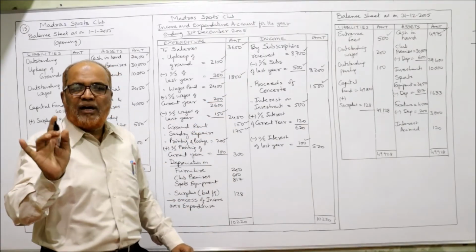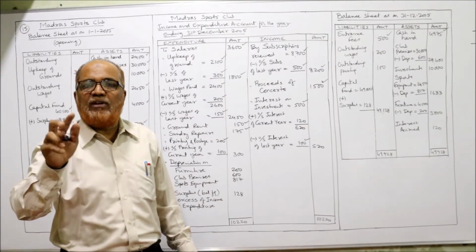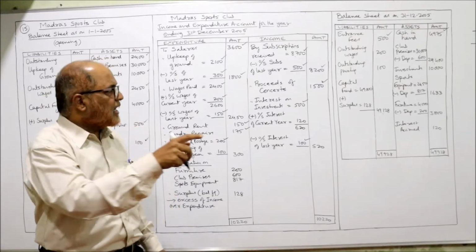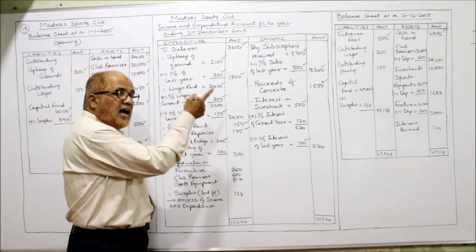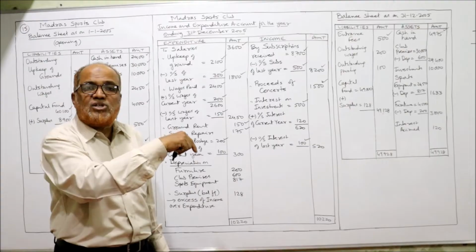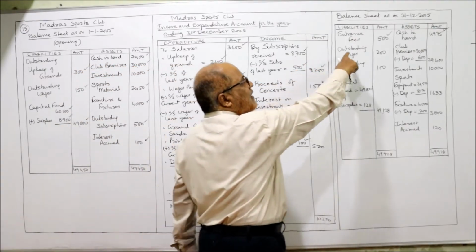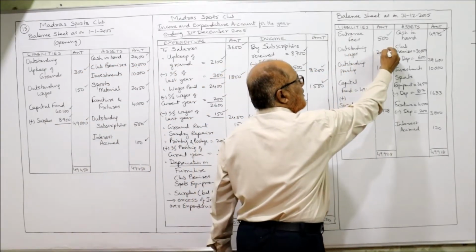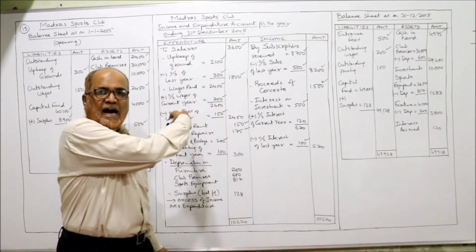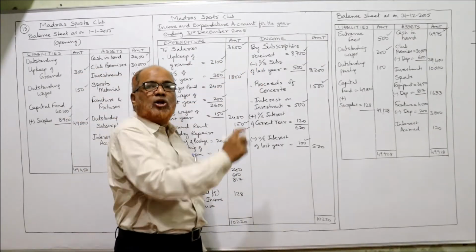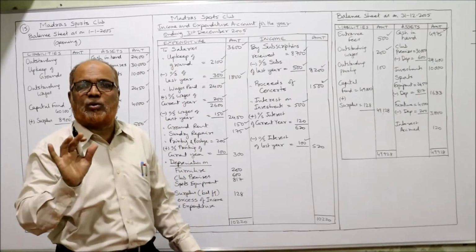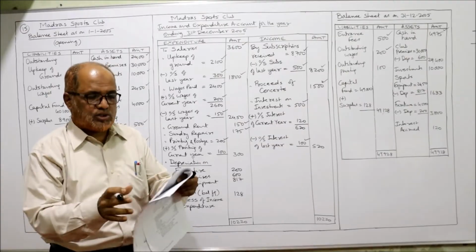One point you remember, current year's outstanding will appear twice. Outstanding wages is added here. Again outstanding wages should be shown as a liability. Here you can see outstanding wages 200. So here it is added to wages. There it should be taken on the liability side. Only current year's outstanding.